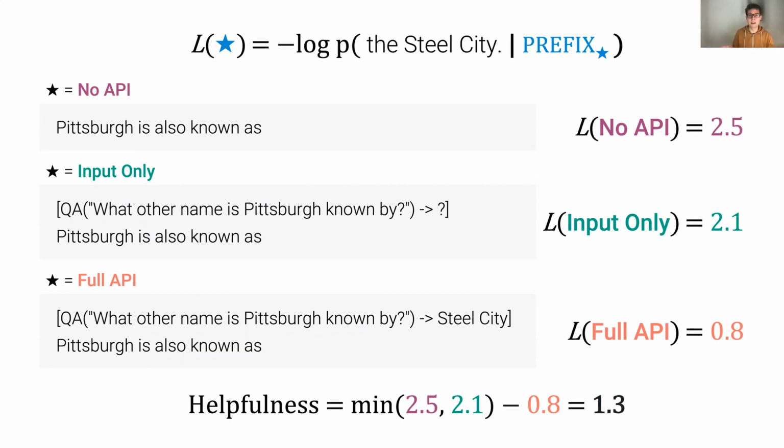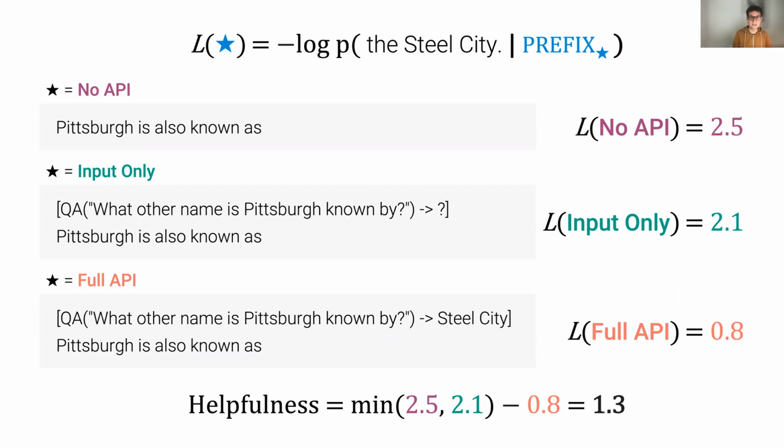And so it wouldn't know that after the API call, it should just continue the previous text, which almost always results in higher losses. So we do that as a kind of trick to compensate for that fact. We always put the API call at the very beginning. We still incorporate the position of the API call, of course, because we are only interested in the probability of everything that comes after the API call.